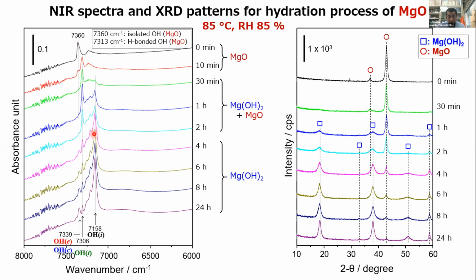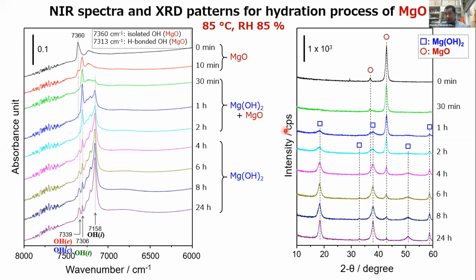This band can be assigned to the interlayer OH groups of magnesium hydroxide. And with increasing hydration time, this band increases. After 4-hour hydration, we could find typical 2 bands here due to the magnesium hydroxide.